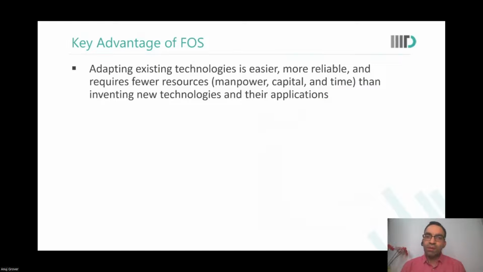They are easier to implement, and more reliable, because they are proven. And because they exist, you do not need to do a lot of R&D to establish them. So you save a lot of resources and can reach the market in a much cheaper way than inventing new technologies and their applications.